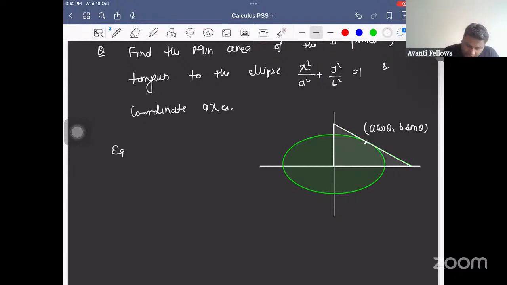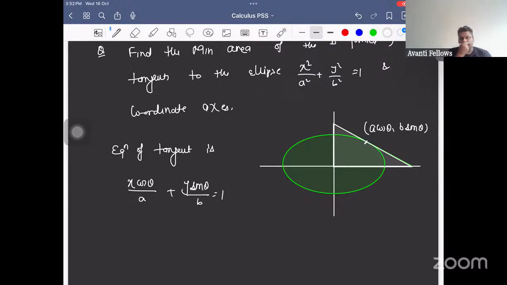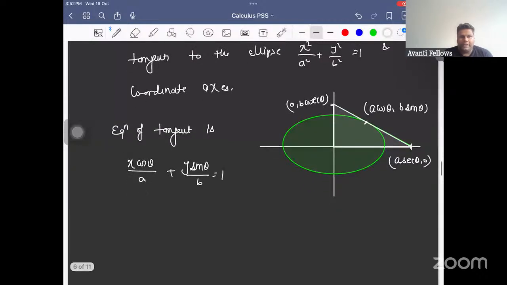So equation of tangent is x cos theta upon A plus y sin theta upon B equals to 1. Am I correct? Now this tangent is intersecting x-axis at point A sec theta, comma 0, intersecting y-axis at point 0, comma B cosec theta. Correct?